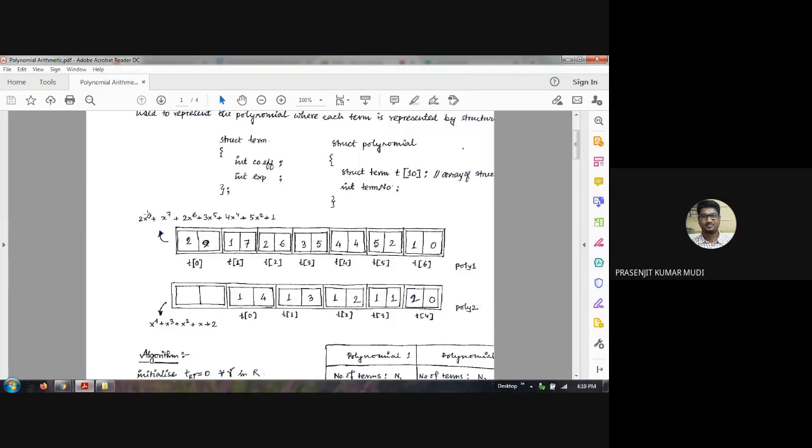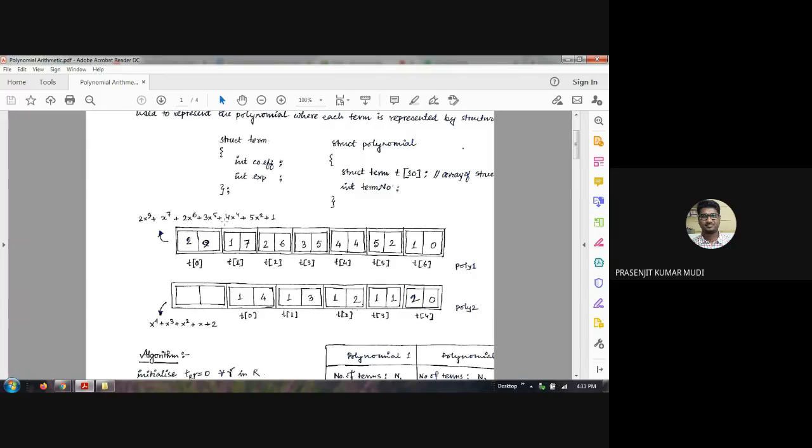And if the powers of the two terms are equal, then these two terms are like terms. In that case, you add their corresponding coefficients. The resultant coefficient will be the sum, and the power will be the same because the powers are the same.